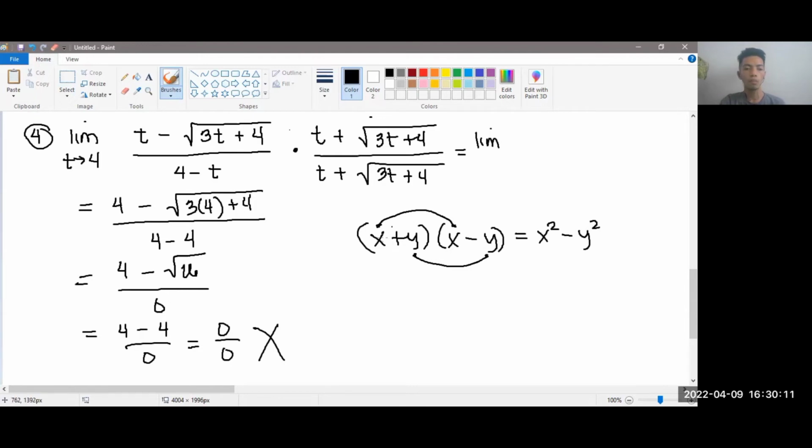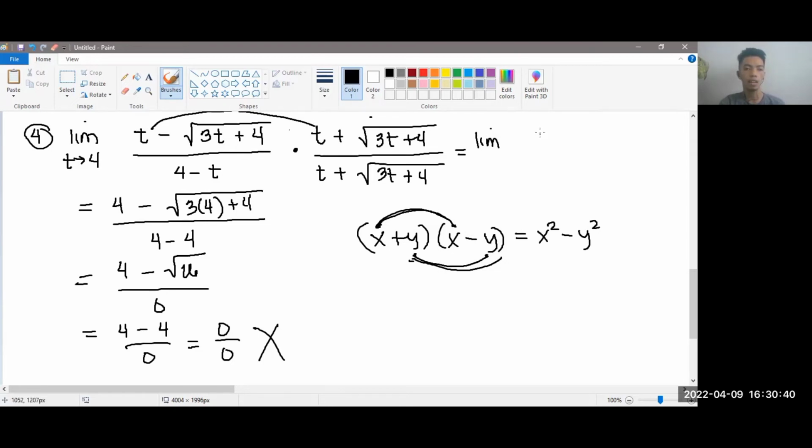So therefore, ang minumultiply lang natin ay first term by first term at saka last term by last term. Iyan ay kapag parehas ang ating first terms at saka second terms. Ang nagkaiba lang ay sign. Ang tawag sa kanya ay sum and difference of two terms. Ang ibig sabihin nito, i-apply natin yung concept na ito dito sa ating function. So we have here, yung t, imumultiply natin sa t.